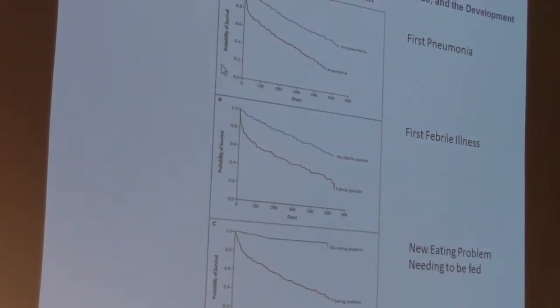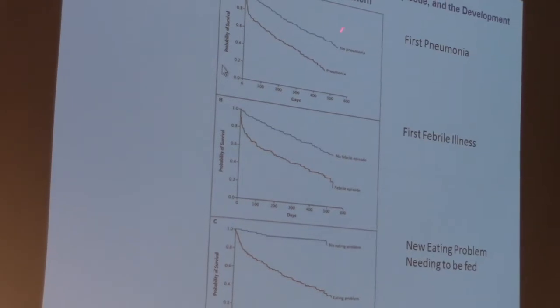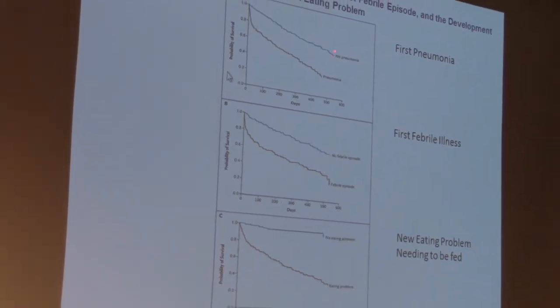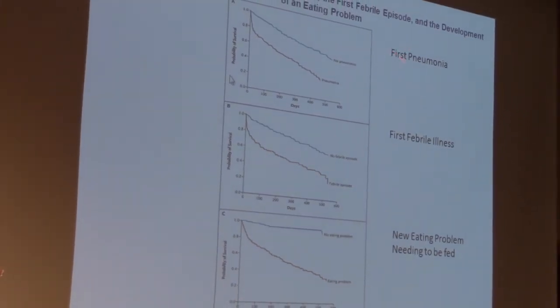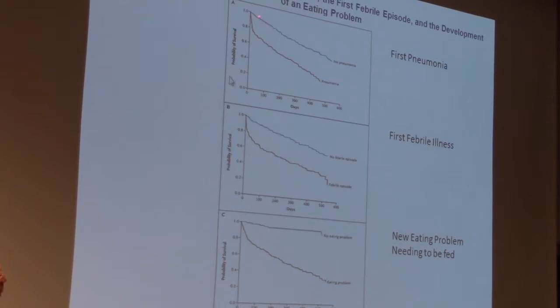Now, one of the interesting parts of this study was that this shows the people who had first pneumonia, first febrile illness, and a new eating problem. You can see that the people with advanced dementia who did not have pneumonia died slowly over this period of time. If you had an episode of pneumonia, your survival went from 80% down to about 40%, as soon as you had one episode during this period.